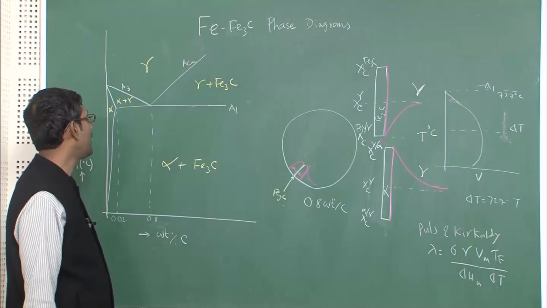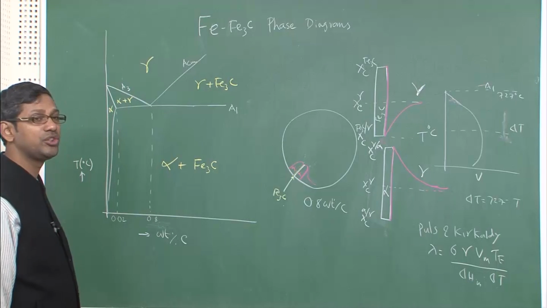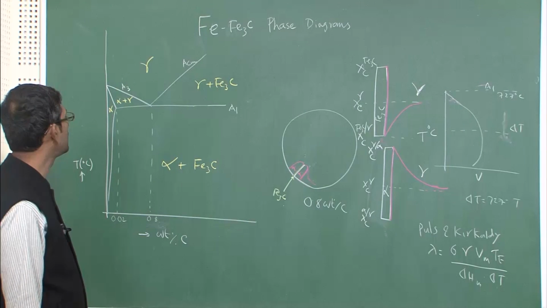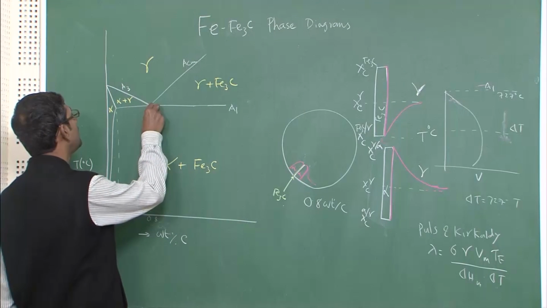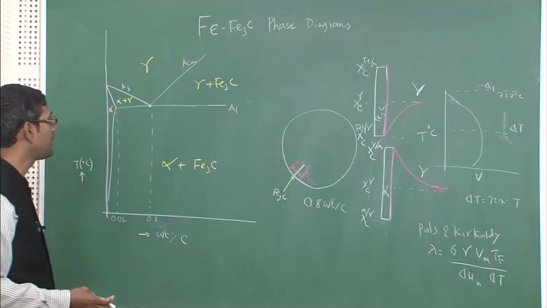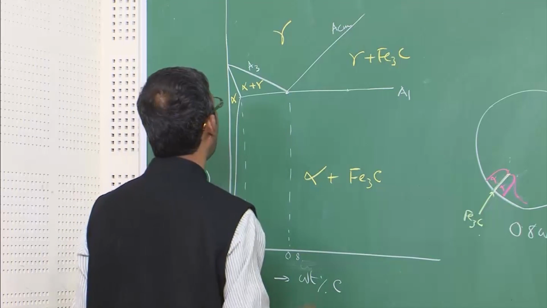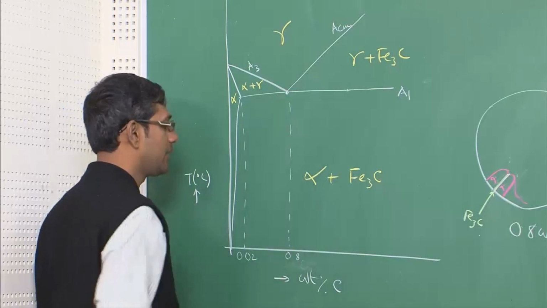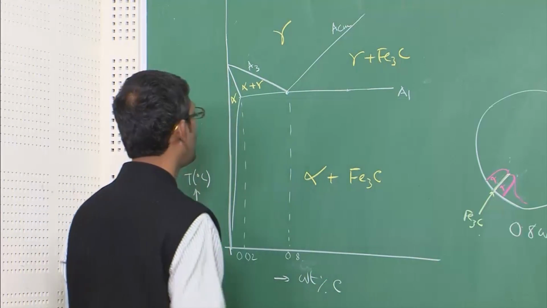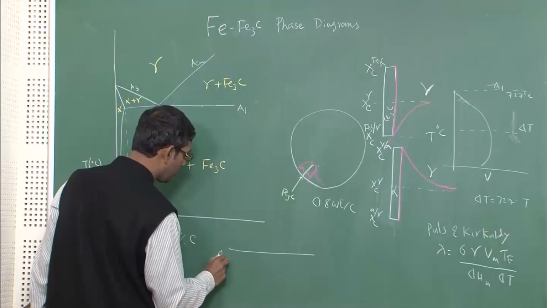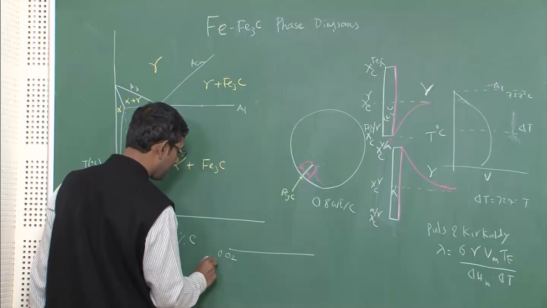Now, whatever time I have, let me explain that the ratio of cementite and alpha iron is 1:7. Why? This can be easily obtained from the lever rule. Let us consider eutectoid steel. What will be the lever? This is 0.02, the alpha side.